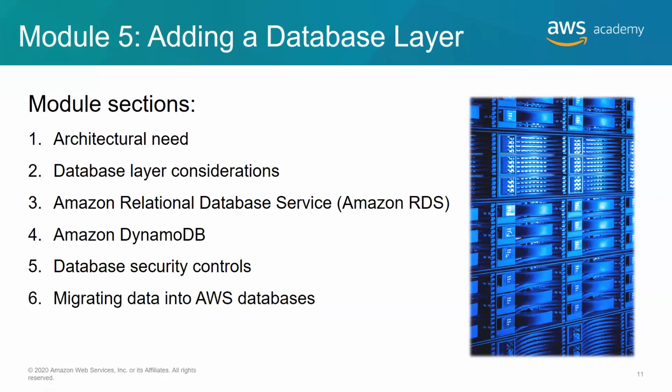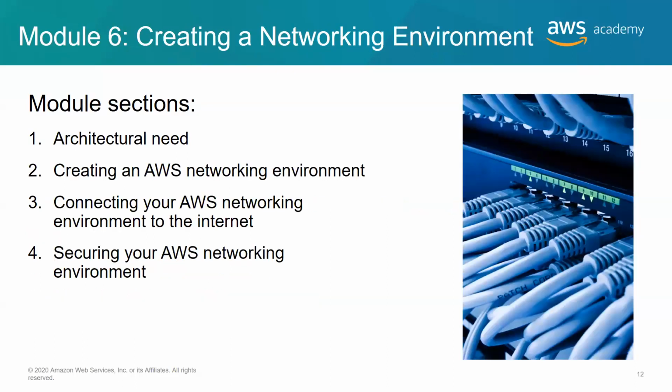In non-relational databases, we have a list of databases available here, like MongoDB, Cassandra, CouchDB. All these databases are supported by AWS. So depending upon the requirement and the need, whether you use a traditional database or non-traditional database is up to you. And we're going to provide security controls and migrate the data with the AWS database. All those things we're going to discuss in module 5.